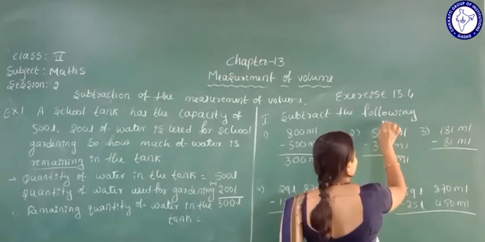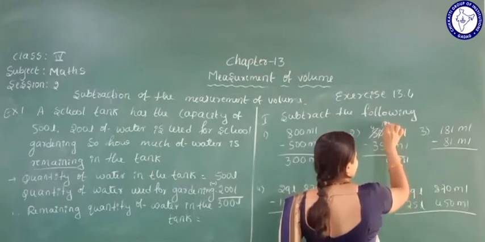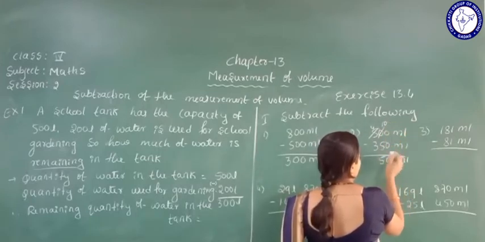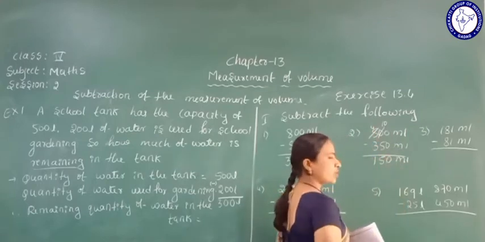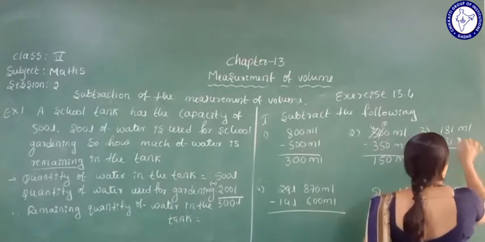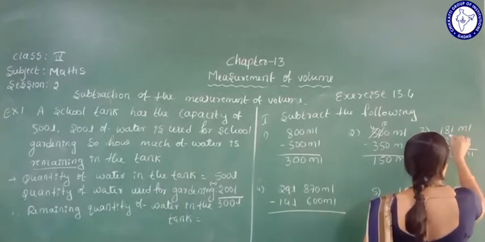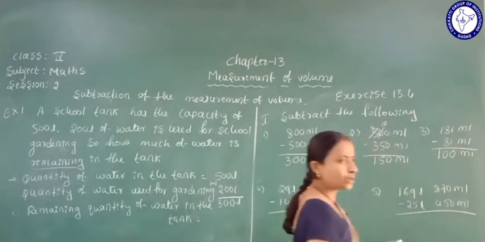What will we do here? We will borrow 1 from this side, so 10 minus 5 is 5. Next, 4 minus 3 is 1. 150 ml. Next, 1 minus 1 is 0, 8 minus 8 is 0, 1 as it is, so 100 ml.